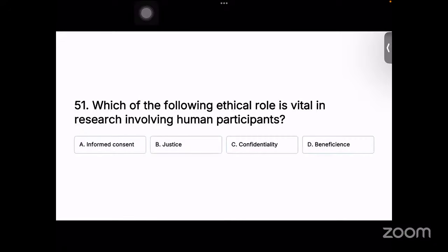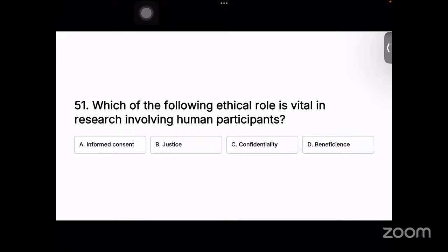Which of the following ethical roles is vital in research involving human participants? The options are informed consent, justice, confidentiality, and beneficence.